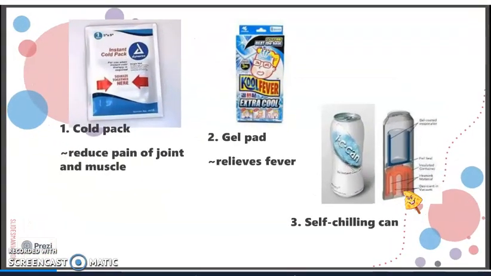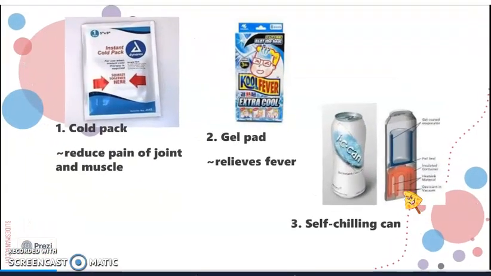Okay, next, there are a few applications of endothermic reactions. The first is cold pack. Kalau tadi hot pack, sekarang cold pack. Okay, sama juga, the function for cold pack is to reduce pain of joint and muscle. Sama macam hot pack juga, cold pack ada compartment of water and compartment of chemical.